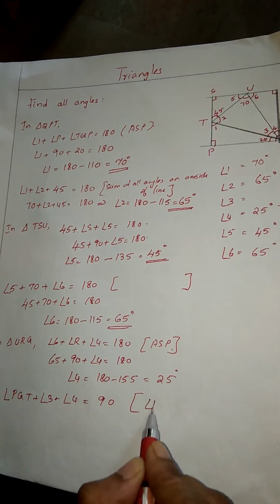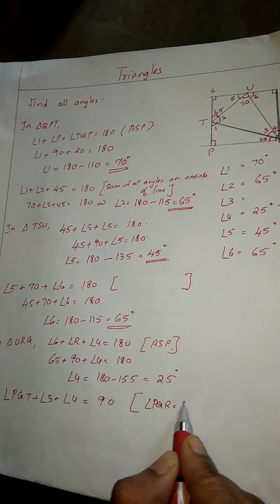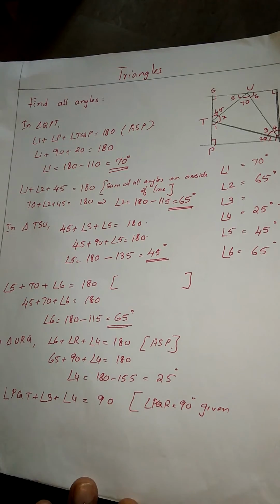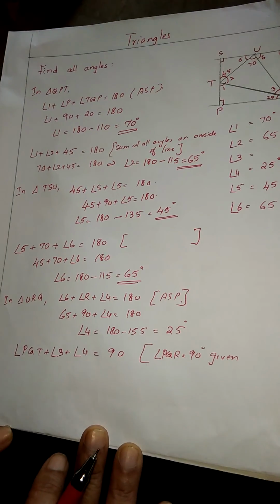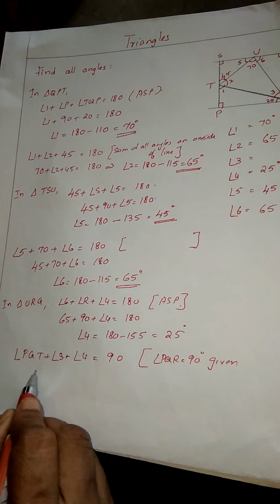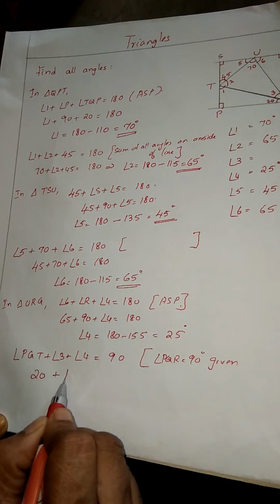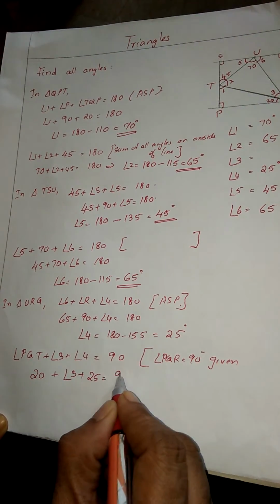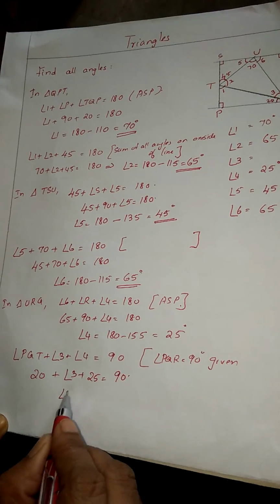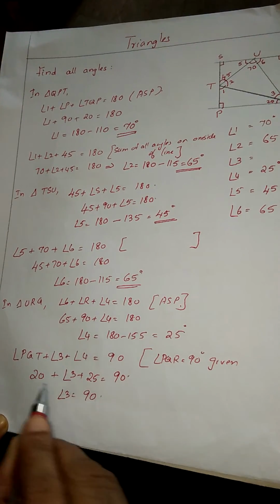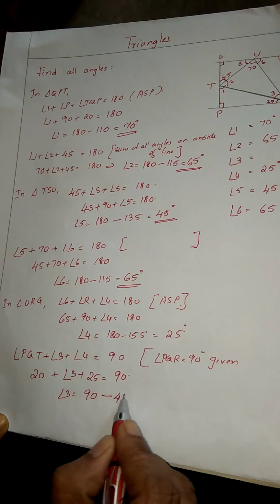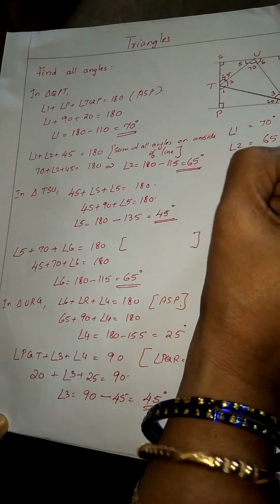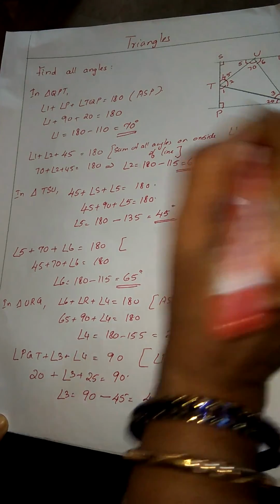The reason is angle PQR is 90, given. Therefore, 20 plus angle 3 plus 25 is equal to 90. So angle 3 is equal to 90 minus 45 is equal to 45 degrees.